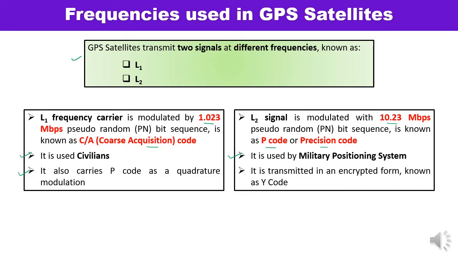Because it is used by the military positioning system, there must be a requirement of privacy and confidentiality of the data, so it is transmitted in an encrypted form which is known as the Y code. It means it restricts the use of the precision code to authorized users.